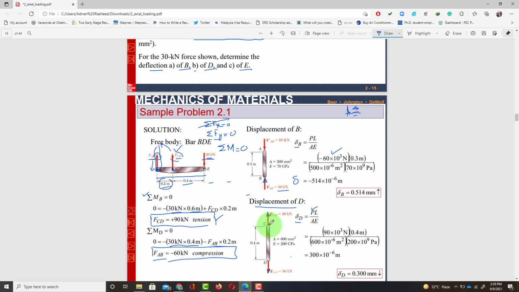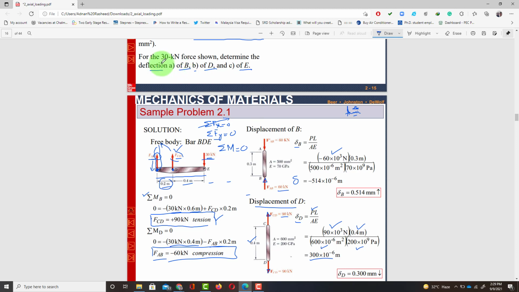P is the load, that is here tensile load 90. L is the length of this link, which is 0.4. Area was also given as 600 square millimeter, and G for this material is also given. So you have calculated the deformation at point D.